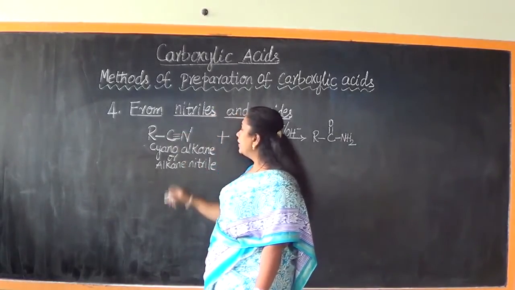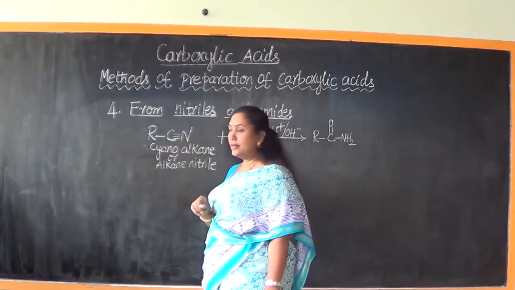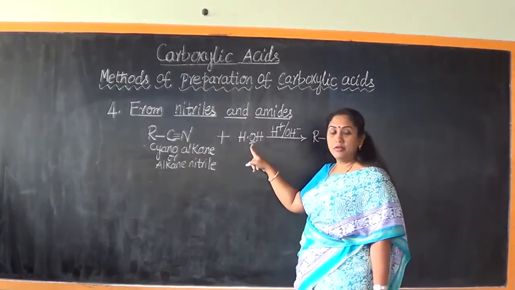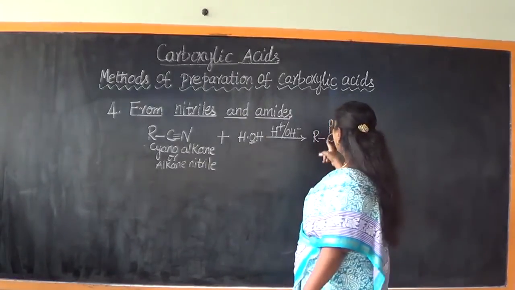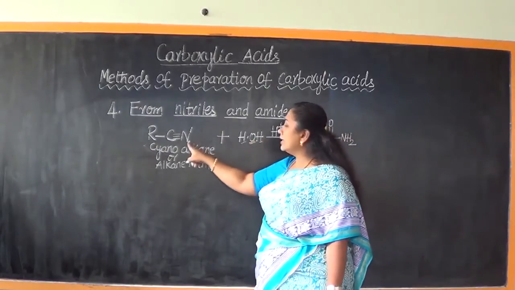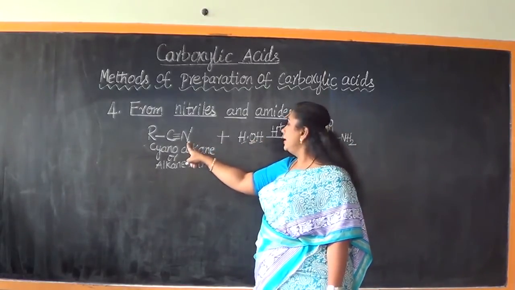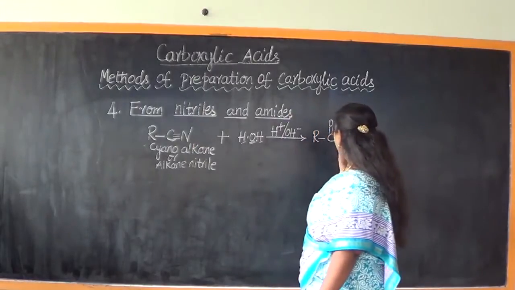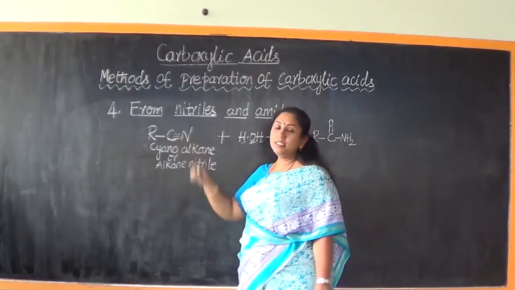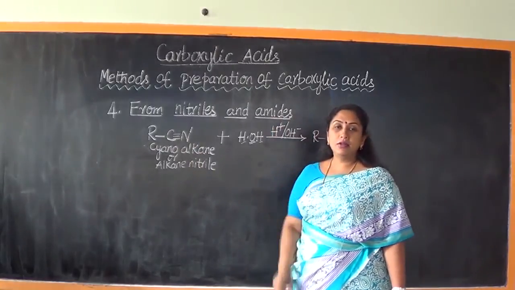Now what happens? This bond cleaves and carbon will take an attachment with the oxygen of water by a double covalent bond, and then these two hydrogens will take attachment with nitrogen and therefore NH2. So between carbon and nitrogen now there is presence of only a single covalent bond.